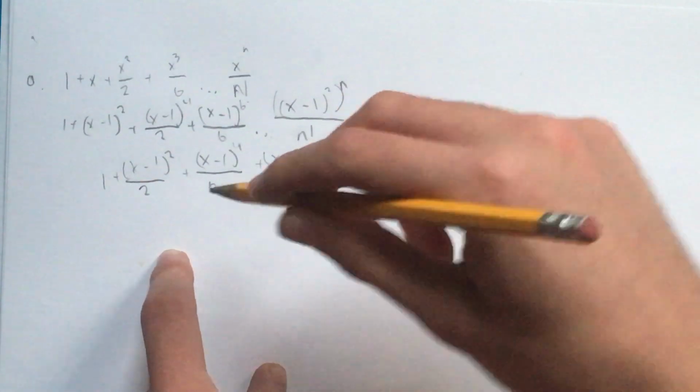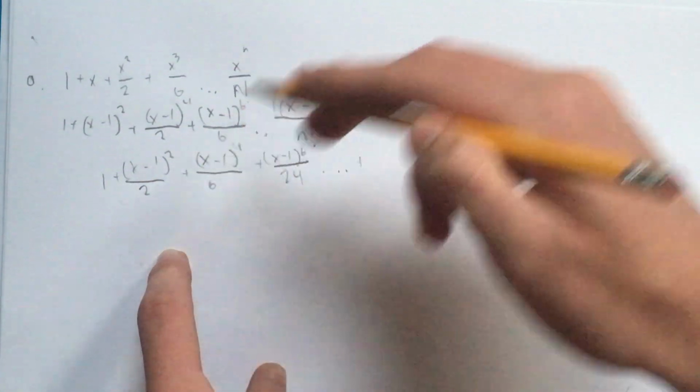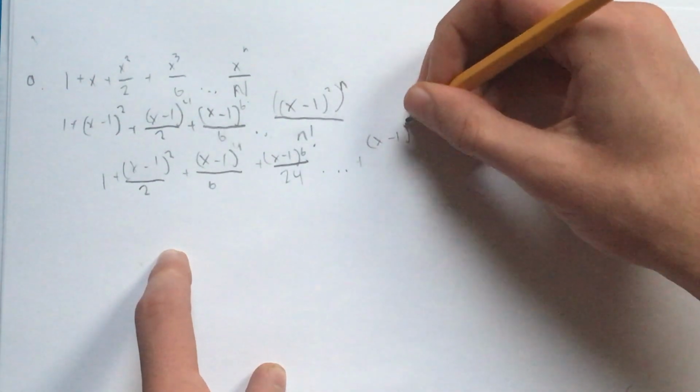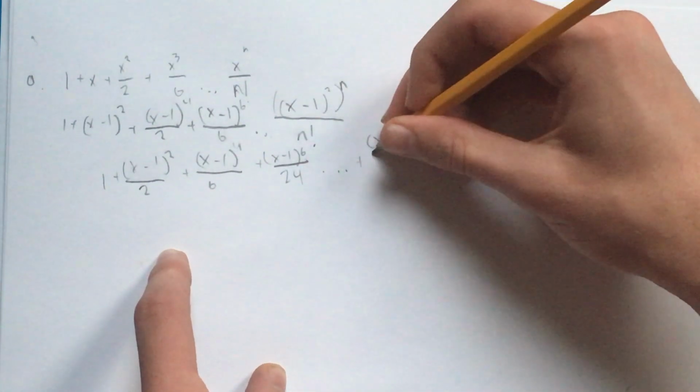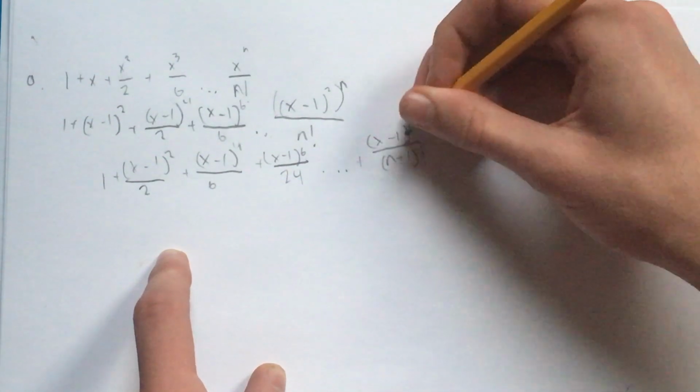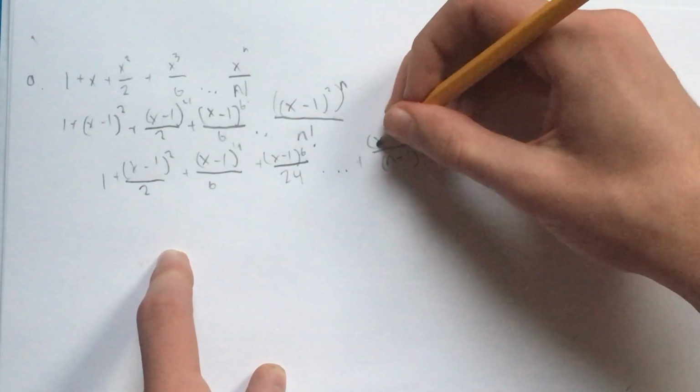If we look at this, we can discern that the general term is x minus 1 to the 2n over n plus 1 factorial. That's an x. So that was B.